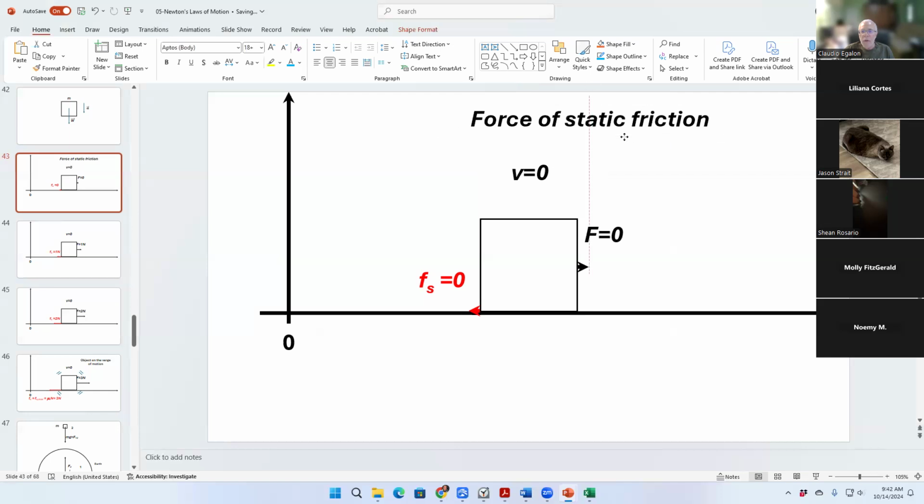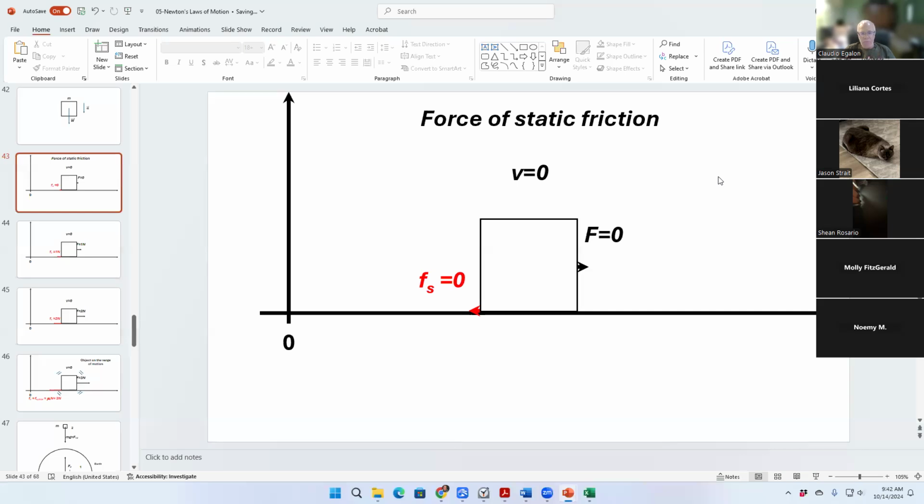The best way for you to understand this force of static friction is by looking at this figure, okay? Is by also playing what I call playing the movie.